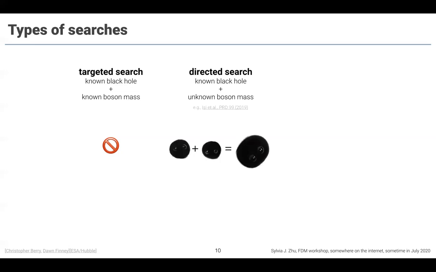For instance, you could search for the annihilation signal from the black hole that is produced at the end of a merger. For instance, the first merger of two black holes in 2015, the very first merger we detected, left a remnant black hole that's quite heavy, and we have some idea of how fast it's spinning, and we know exactly how old it is, so that could maybe be a good target for running these searches.